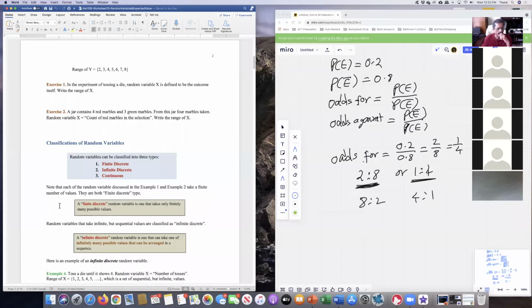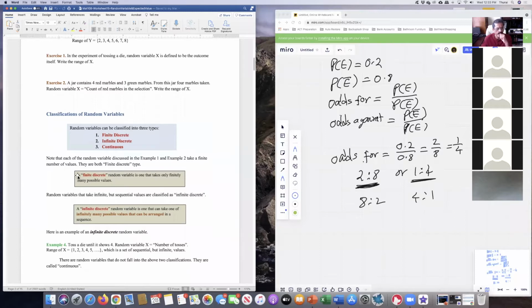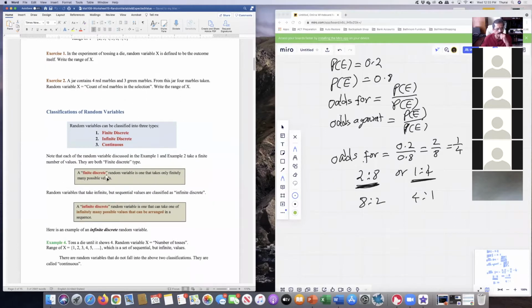Let me explain what each one means. A finite discrete random variable will take finitely many values. In other words, you have to look at the range of all the values. If the range has only a finite number of values, then it is finite discrete.